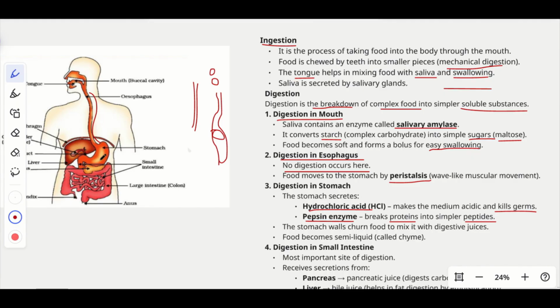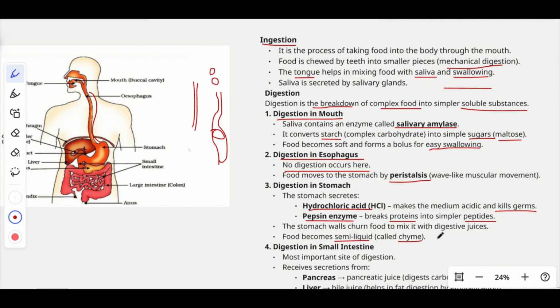These movements and the pressure change the food into a mix with the digestive juice. So the HCl, pepsin, everything is added to the food, and the food becomes semi-liquid. That is what we call chyme. Okay, that is what we call chyme.